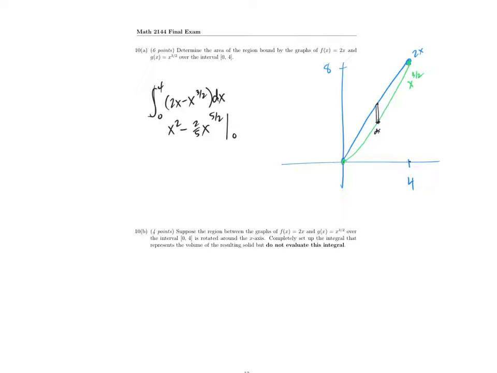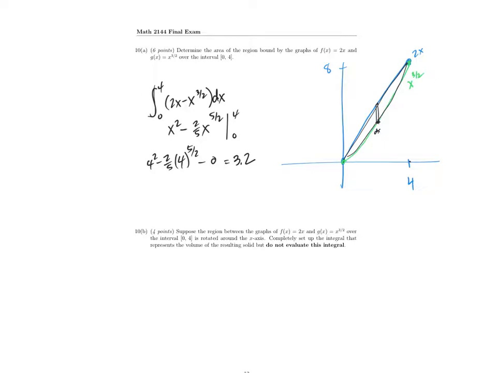Okay, and I want to evaluate that from 0 to 4, so I'm going to plug in 4 squared minus 2/5 times 4 to the 5/2 minus, and if I plug in 0, I'll just get 0. So I get 3.2. So 3.2 is the area of this shape here.